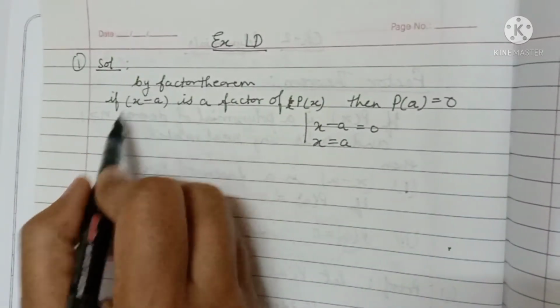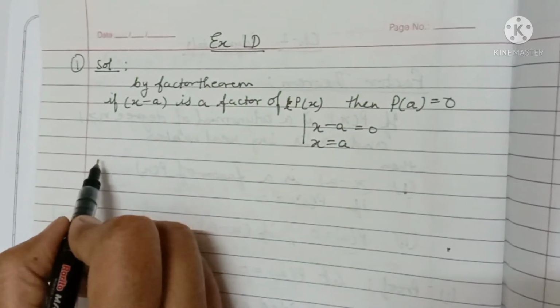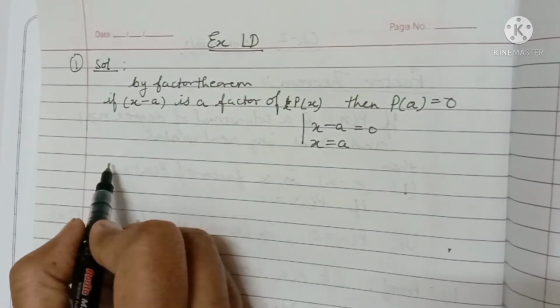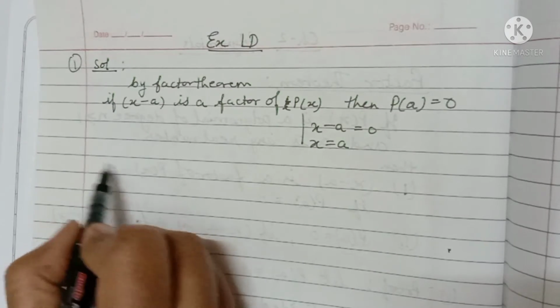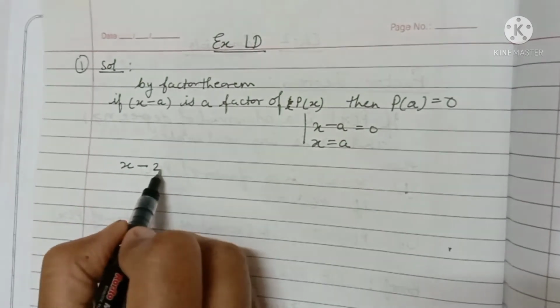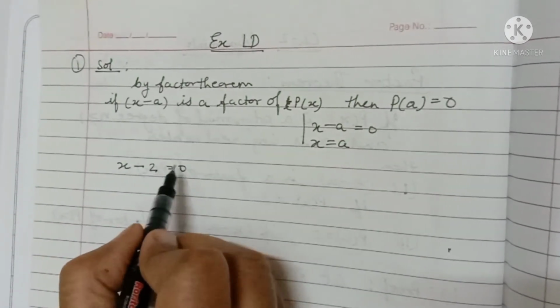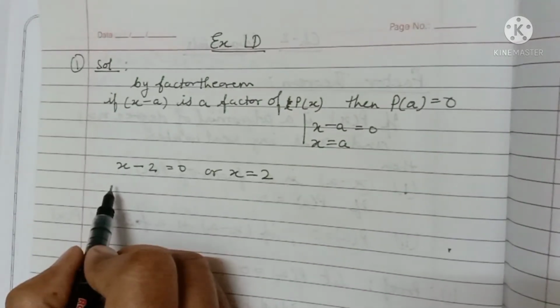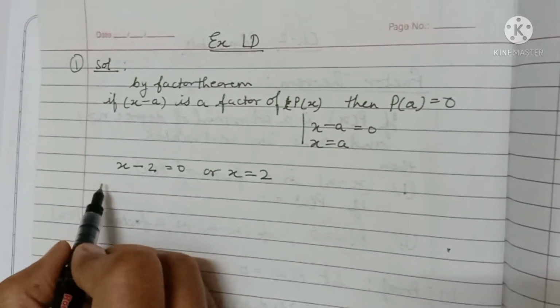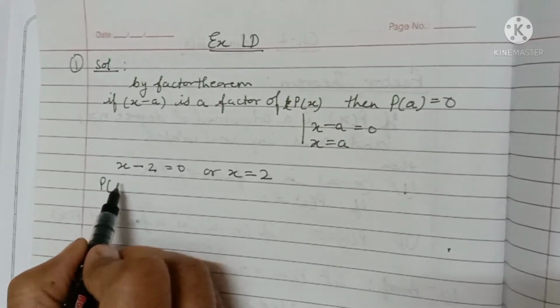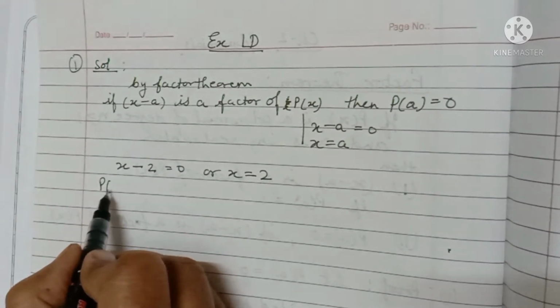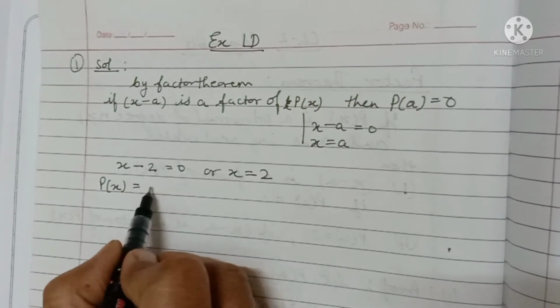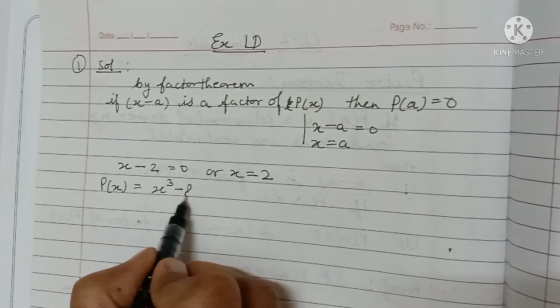So in the first part, the linear polynomial is x minus 2. So you will substitute x minus 2 is equal to 0, or x is equal to 2. Now find the value of P. First you write P(x). P(x) is equal to x cube minus 8.